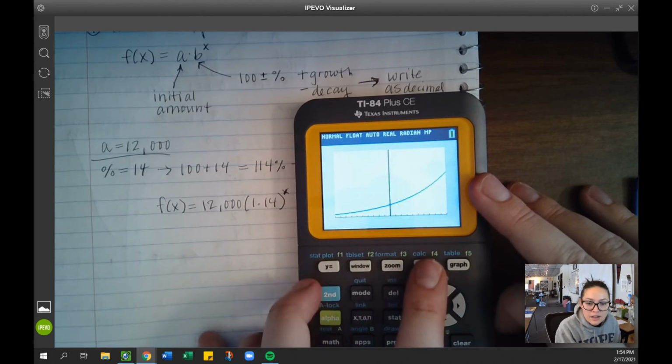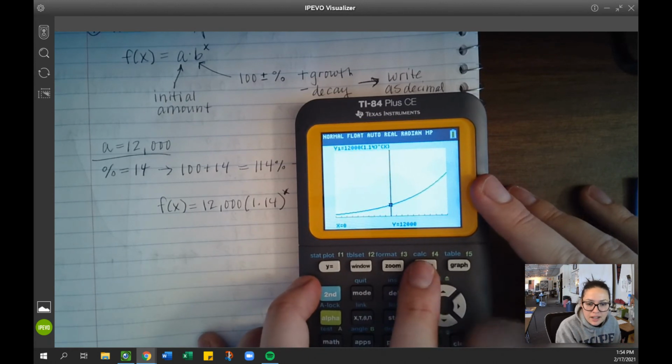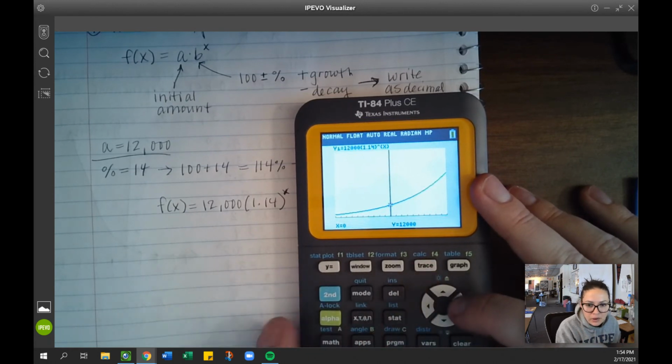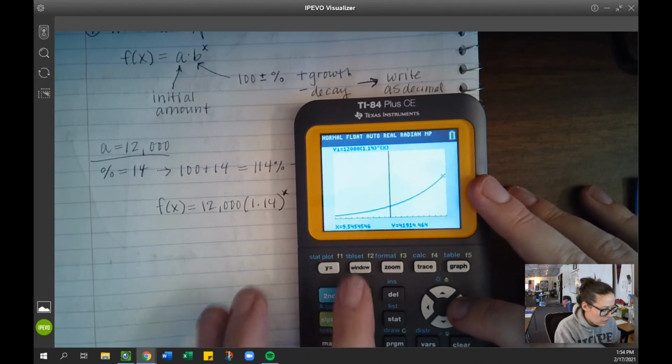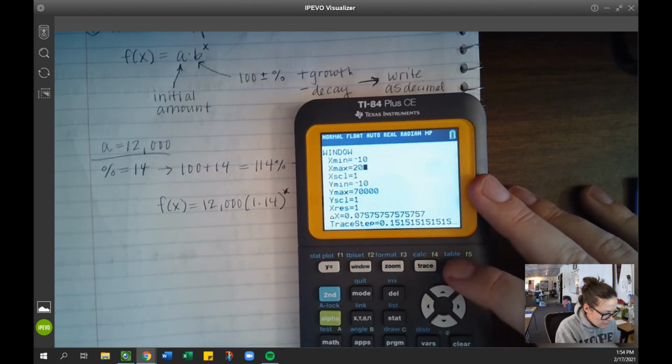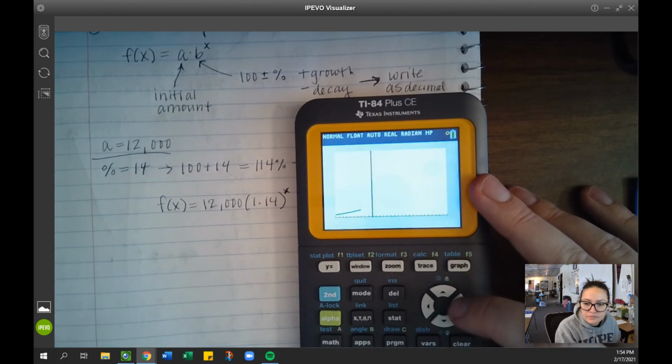All right, now here's the deal. If I hit the trace button, this little cursor shows up, and then I can hit the right arrow and see when we get to 60,000. I'm not there yet, so I'm going to have to change my window. Let's go to 20. Hit trace again.